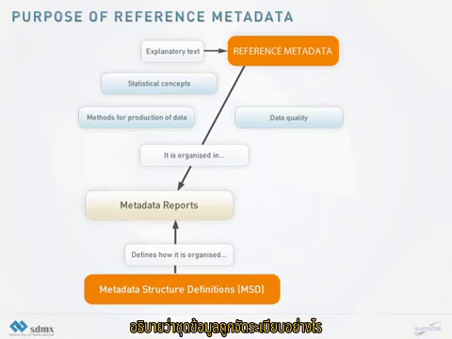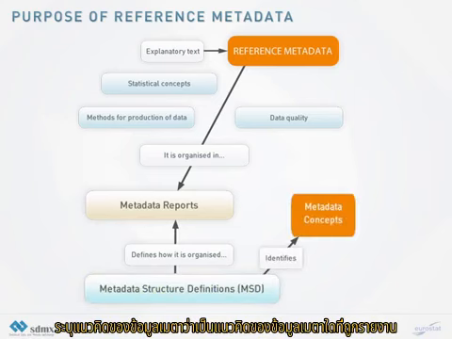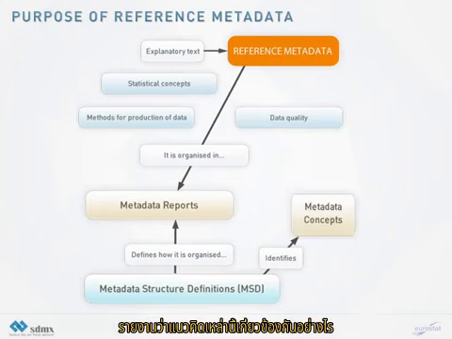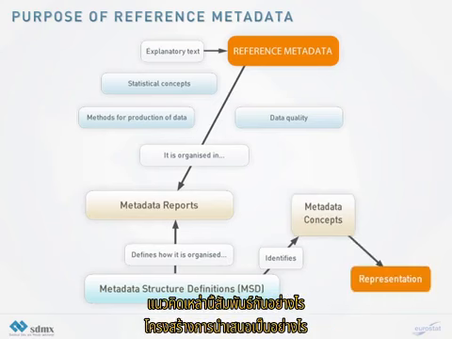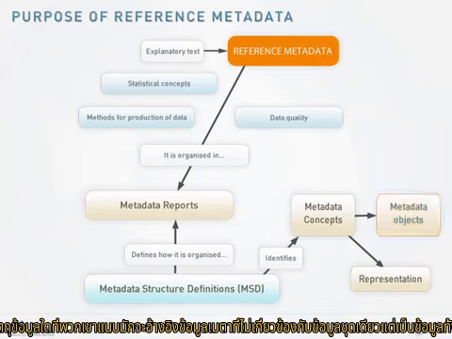A metadata structure definition identifies what metadata concepts are being reported, how these concepts relate to each other, what their presentational structure is, as free text or as coded values, and to which data object they are attached.